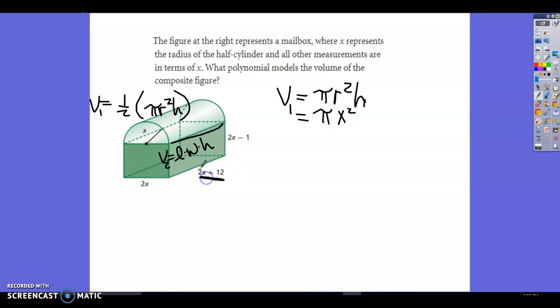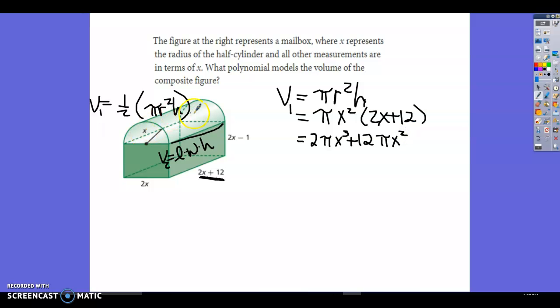Okay, and we see that that is 2x plus 12. All right, so we can go ahead and distribute that. So this term can be distributed to each one of these terms. So I'm going to have 2 pi x squared times x to the first, same base, you add exponents, so it's going to be x to the third, and then plus 12 pi x squared.